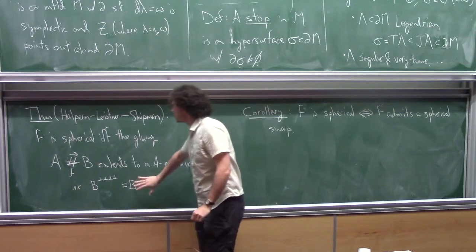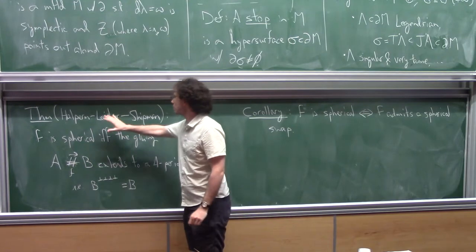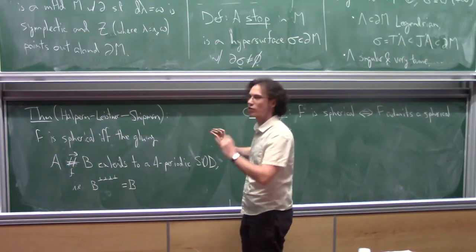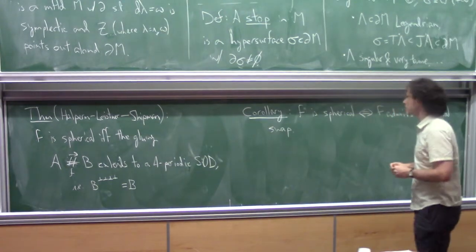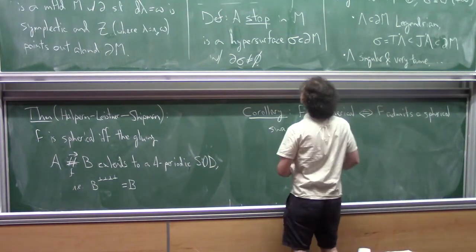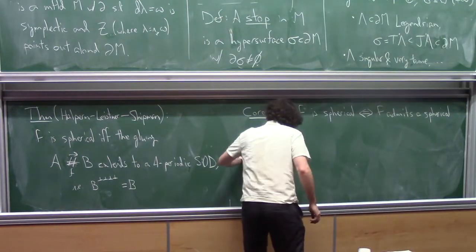And if you look at the proof of this theorem, you will see that Halpern-Leistner and Shipman construct a spherical swap as part of proving this. So I guess I should write the corollary to that.